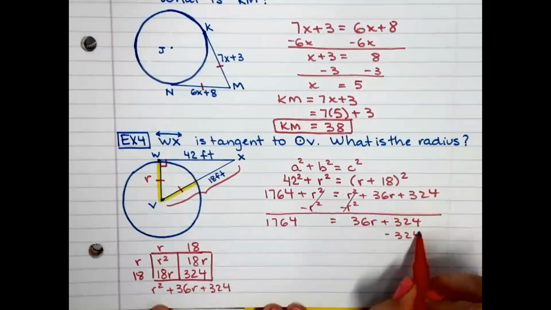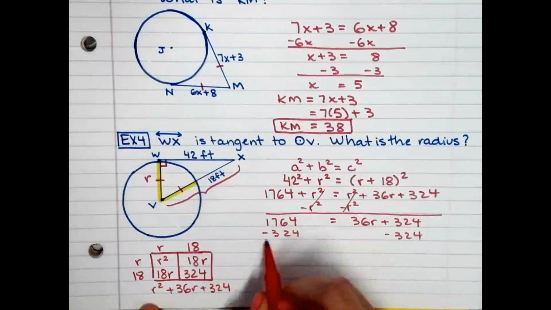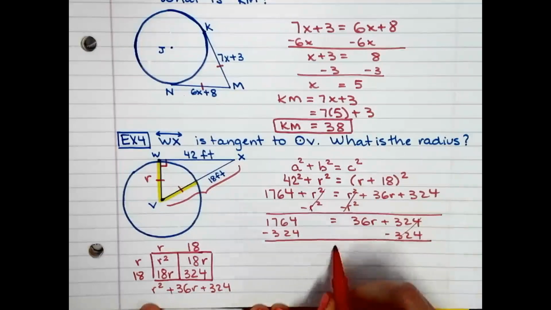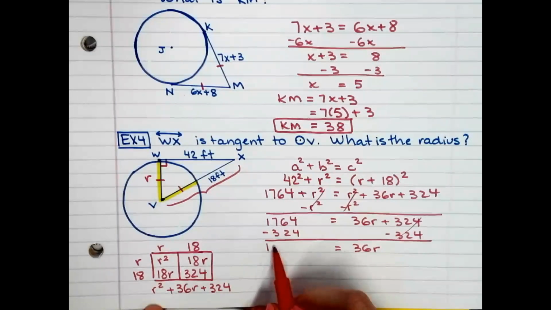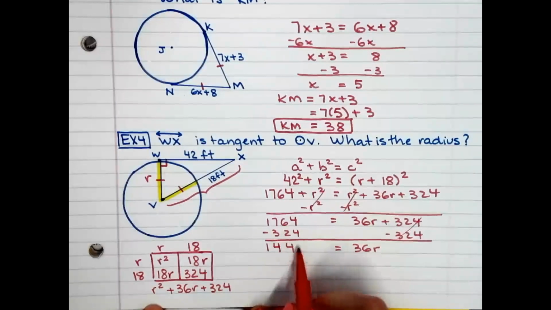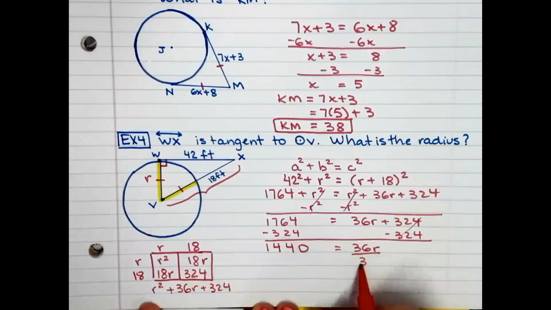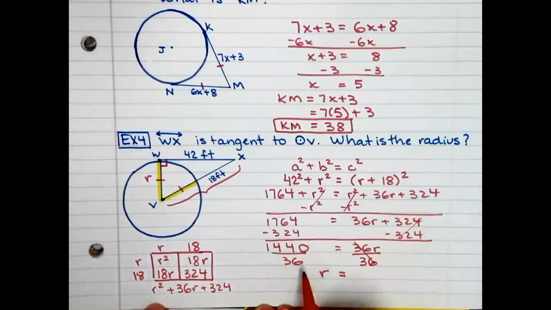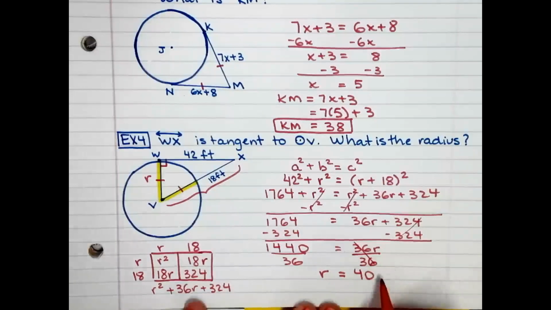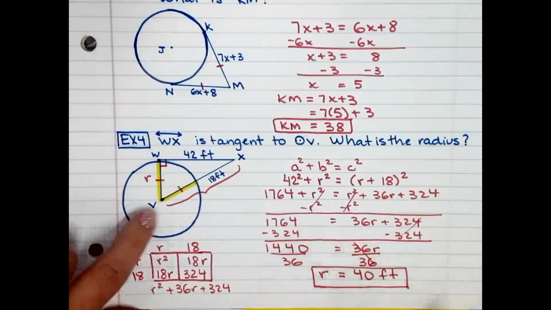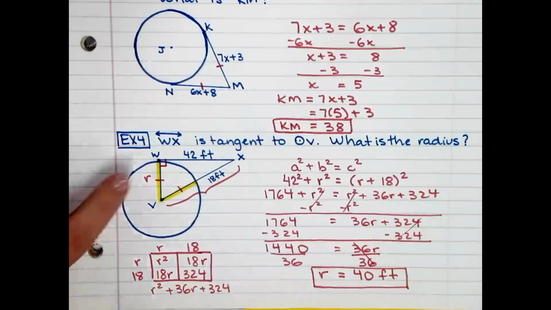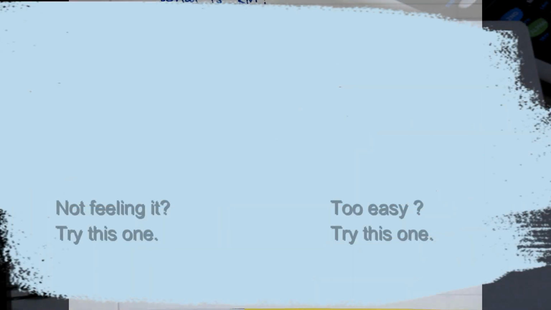Minus 324 from both sides. That's 0. Here I have 1440 equals 36r. 1440 divided by 36, that's 40. So r equals 40 feet. 40 feet is the radius of this circle with that tangent right there. Hope this helps.